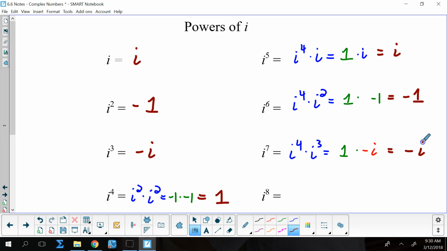So that's going to be -i. i to the 8th is going to be i to the 4th times i to the 4th, which is +1 times +1, which is +1.